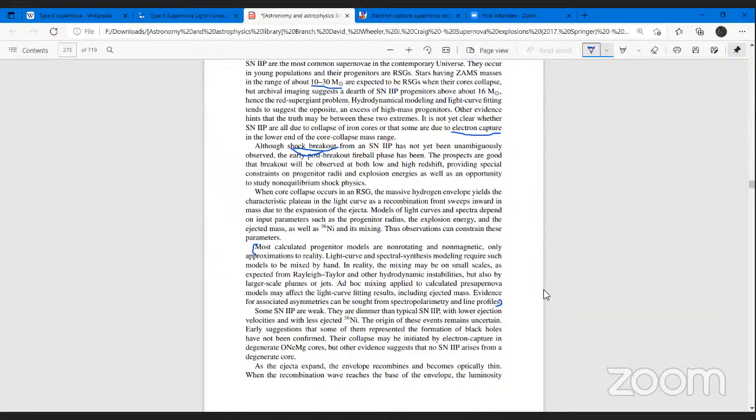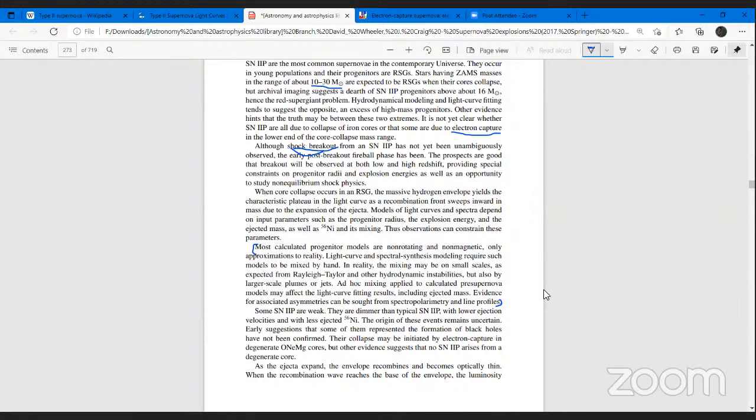Some type 2P supernovae are weak. They are dimmer than typical type 2P supernovae, with lower ejecta velocities and less ejected nickel content. The origin of these events still remains uncertain.